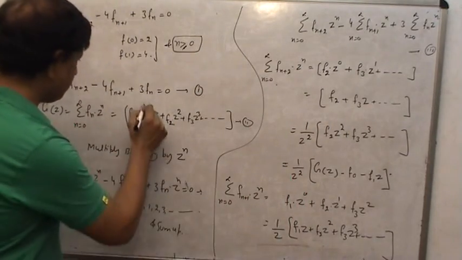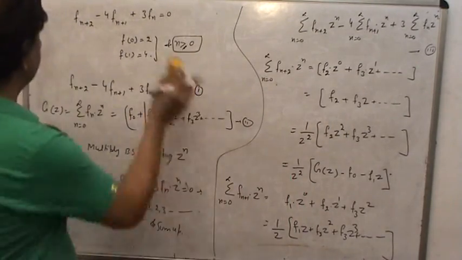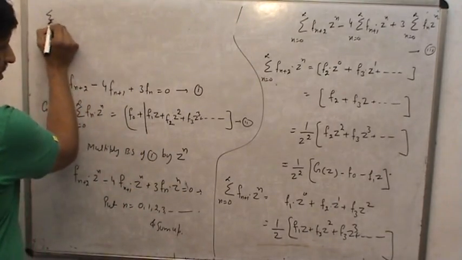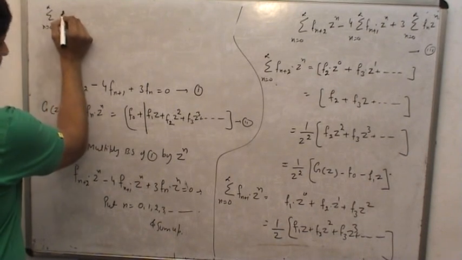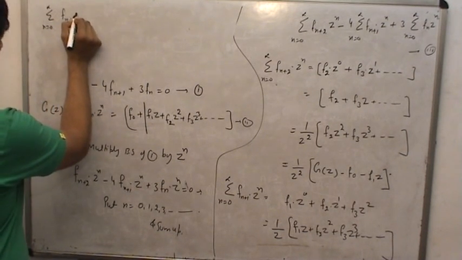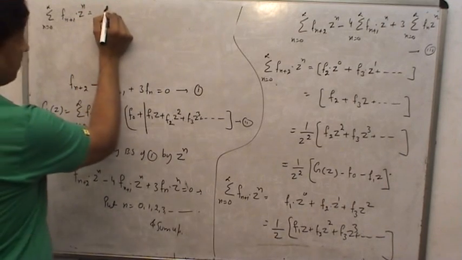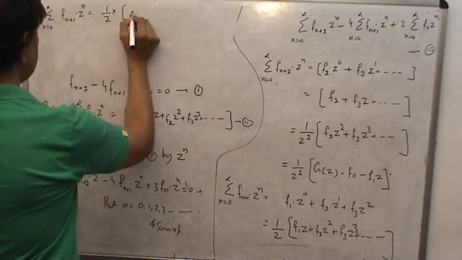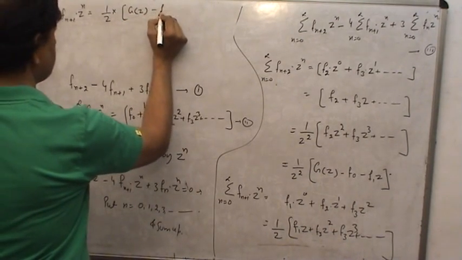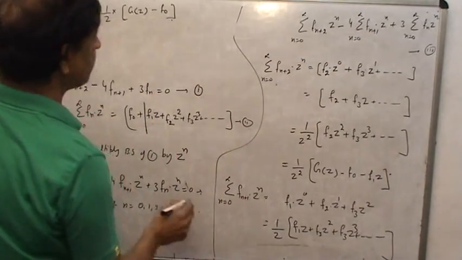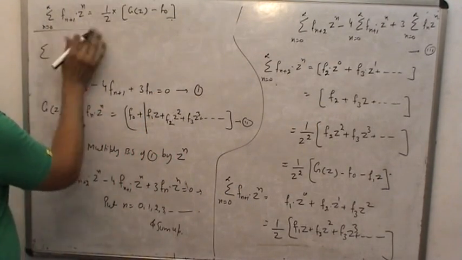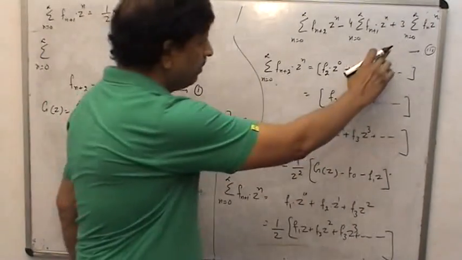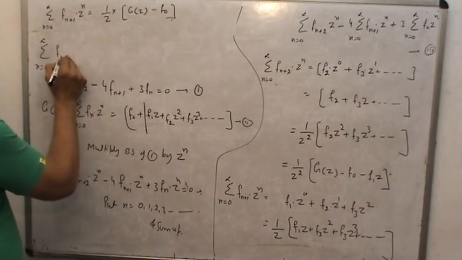Comparing, sigma n varies from 0 to infinity f(n+1) z raised to the power n is equal to 1 by z into G(z) minus f0.